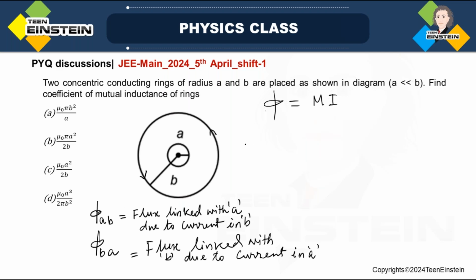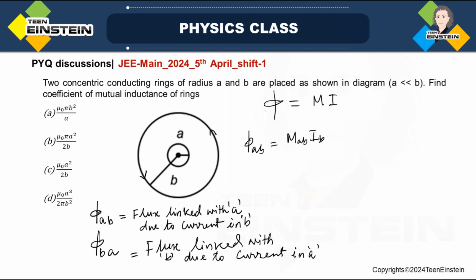So what I have to do is find out the magnetic flux through A, that is phi AB, then mu AB into IB.